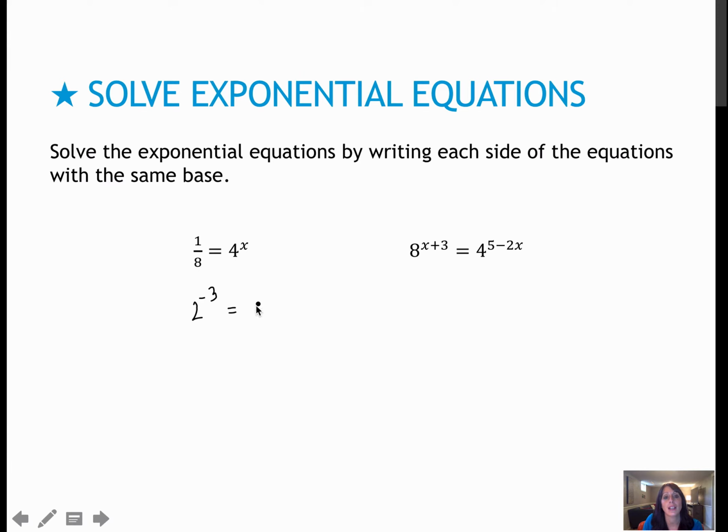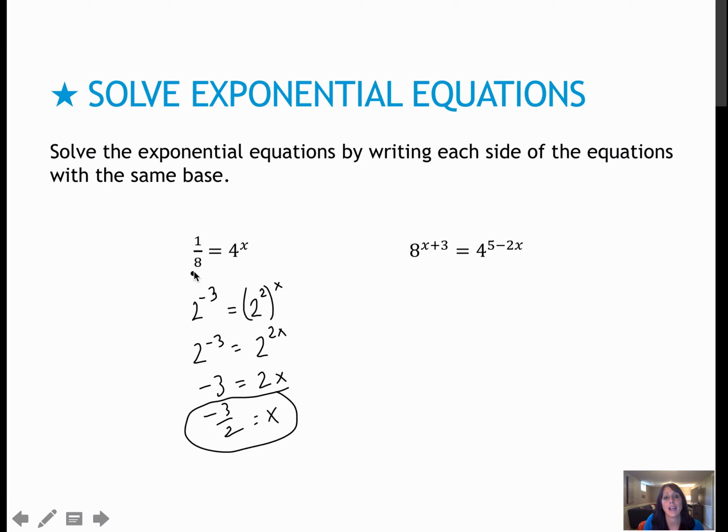On the right side, 4 is the same as 2 squared, and then x. So essentially what I have is 2 to the negative 3 equals 2 to the 2x. Now I can drop the base and end up with negative 3 equals 2x, divide by 2 to get x equals negative 3/2.